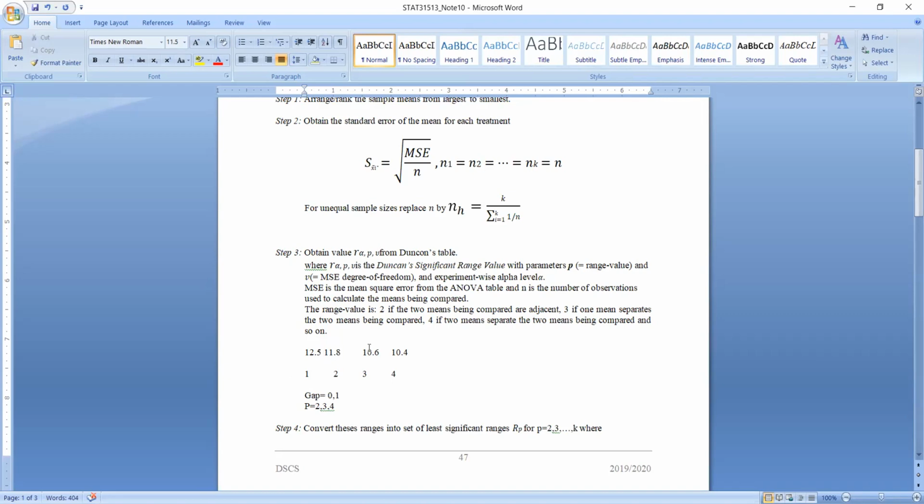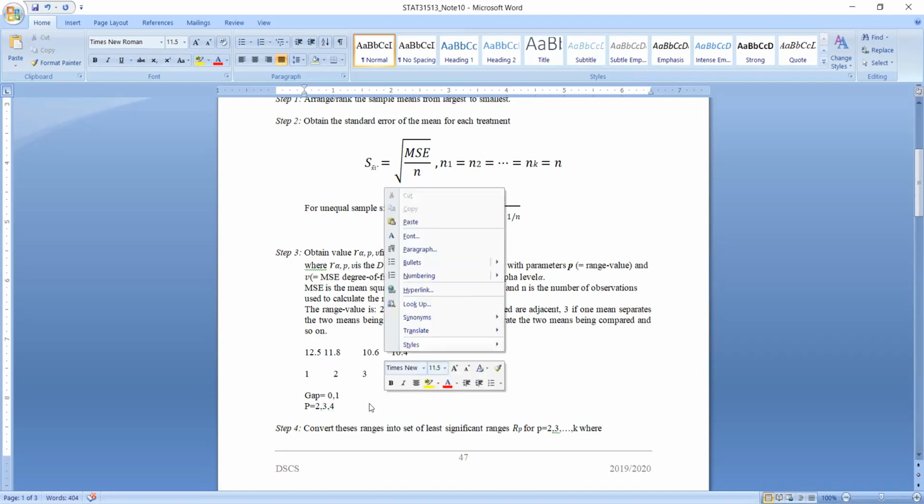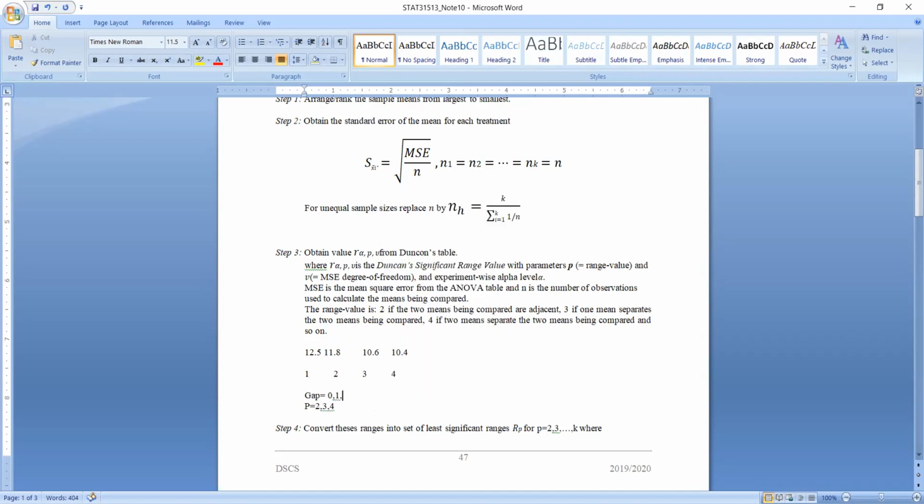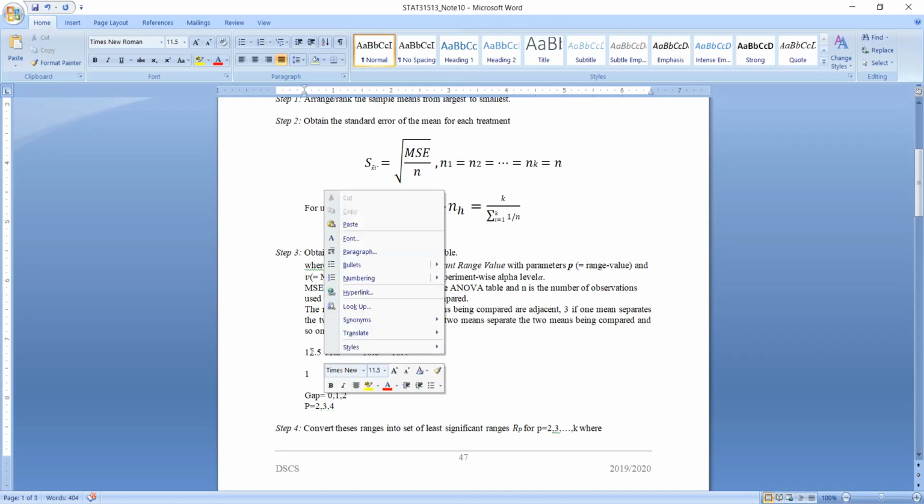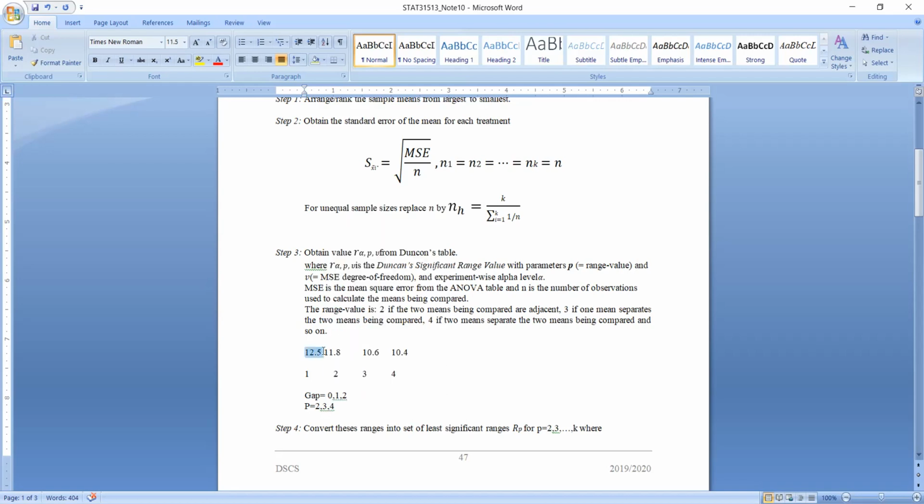Then you can have 2 observations in the middle, so the gap is 2, but that is the maximum gap you can have based on this example, that is when you compare the largest number with the smallest. So then you can assign the values for P.